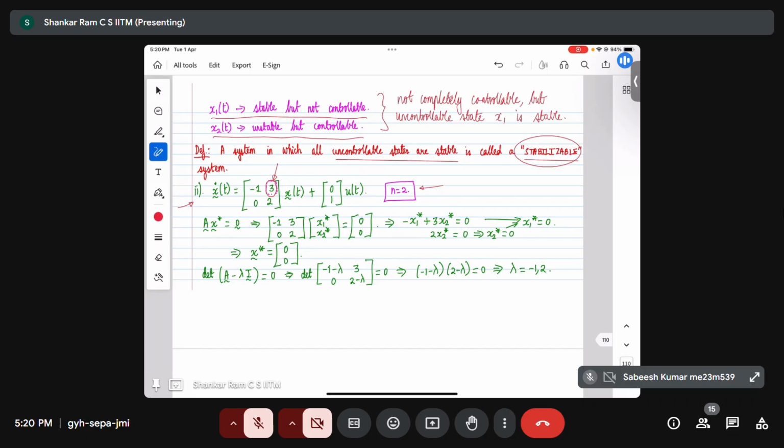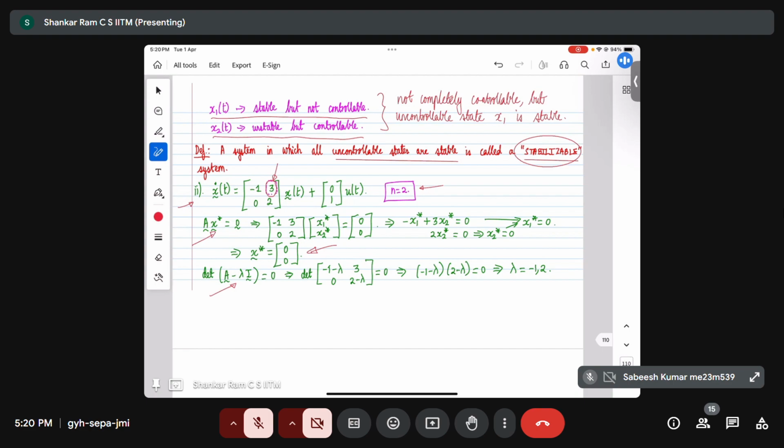Let's go through the same exercise. This should be a standard practice for all of us when we design controllers using the state space representation. First, we calculate A x star to be 0. By now, we should know how we got x star to be 0, because the state matrix is invertible. Then we calculate the determinant of A minus lambda I to be equal to 0.